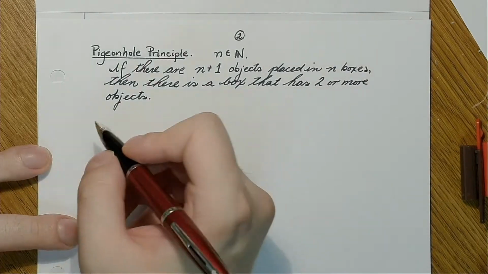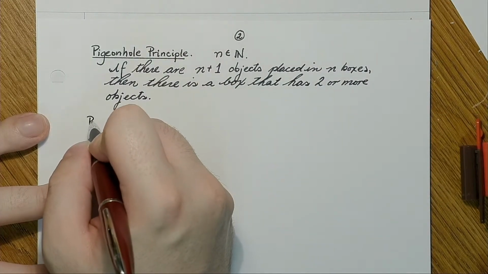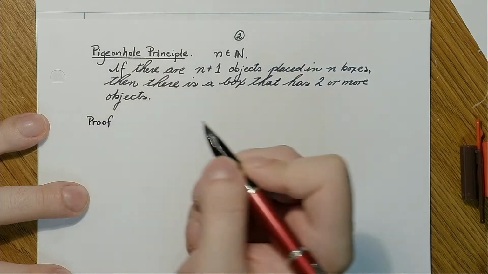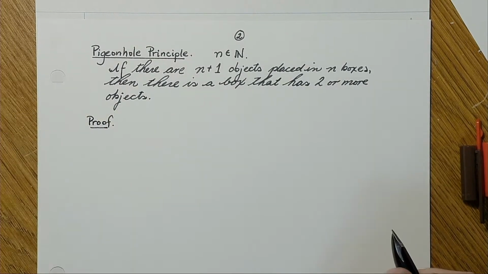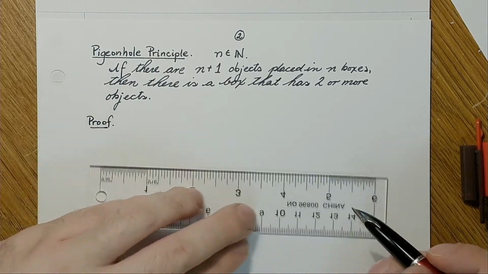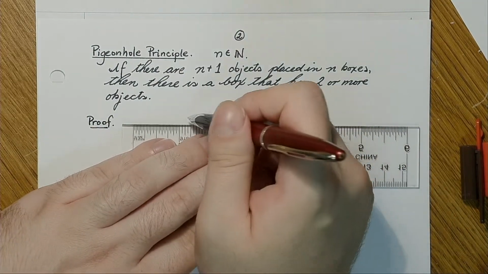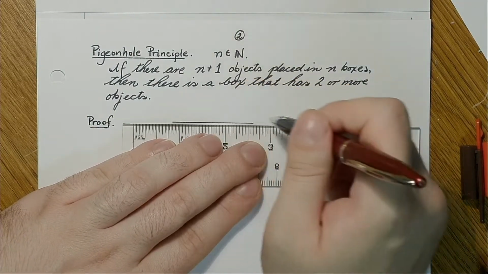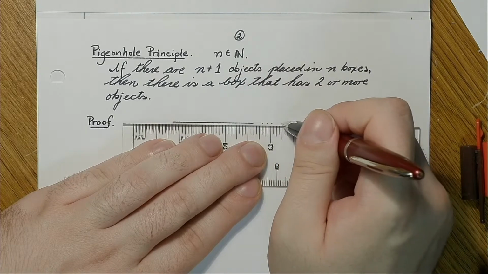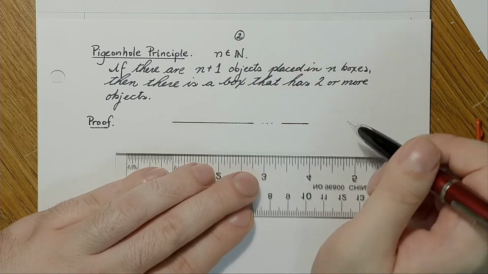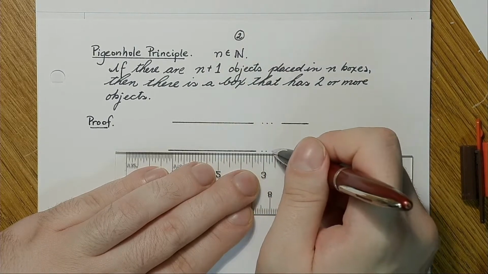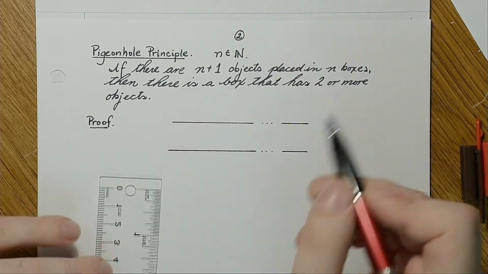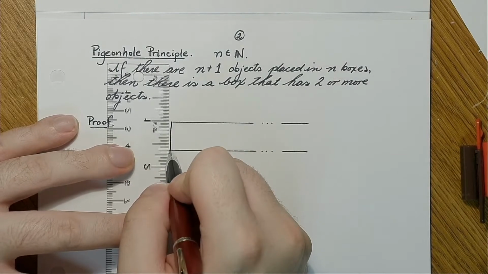If I wanted to do some sort of proof, I'll just explain it more in words. Let's say I make some boxes here.